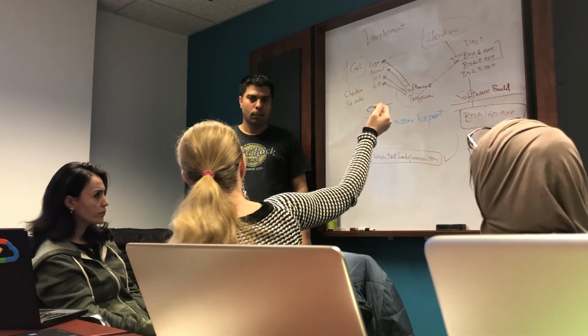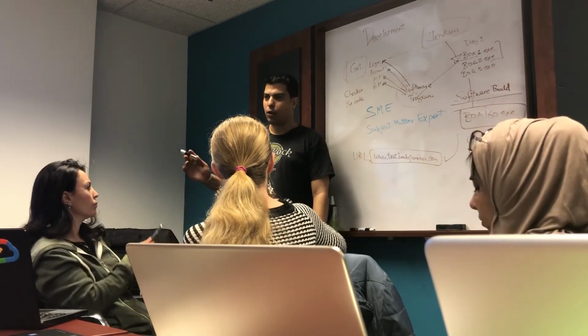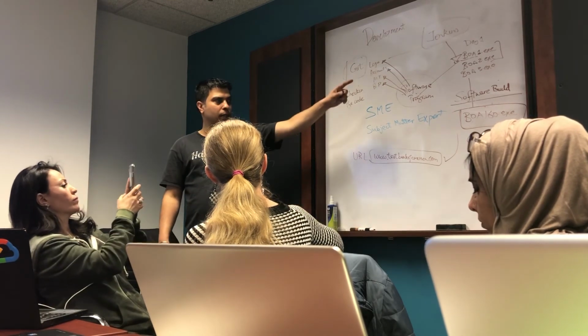BOA1 is not the final one. The final one is the build. It's an executable file. You'll never see it. Developers will see it. It will look like half-baked code, half-baked functionality.